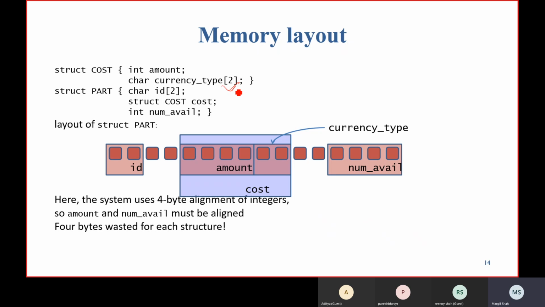This may hold two characters, and this is one integer, right? Another structure is struct part, with character id[2] and struct cost, and then an integer number avail.